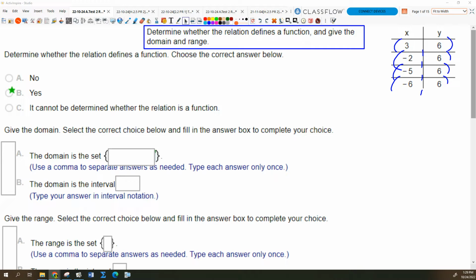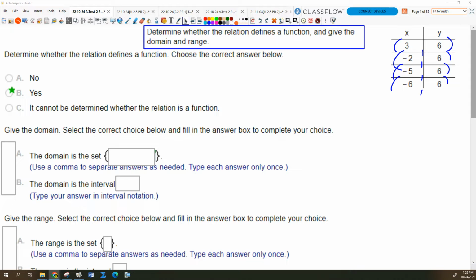Okay, yeah, a set is what we use when there's just specific values. There's like a list or a collection of specific values, right? So anytime you're given ordered pairs like this, it's always going to be a set. Or if you had a graph that had individual points, that would be a set because they're specific values, right?